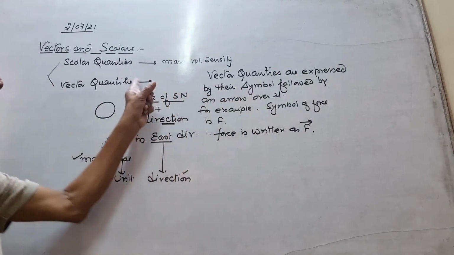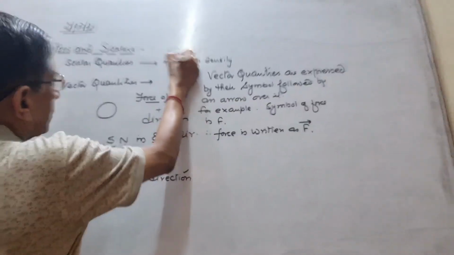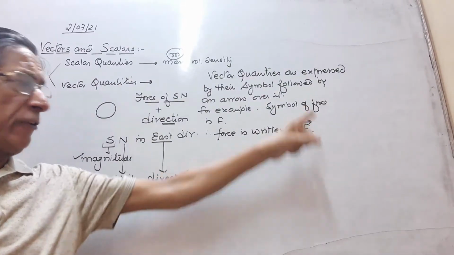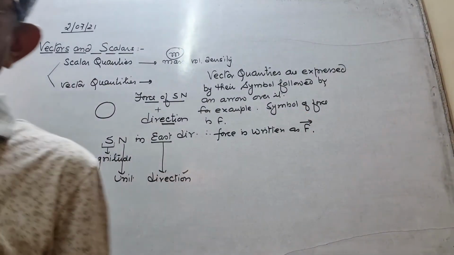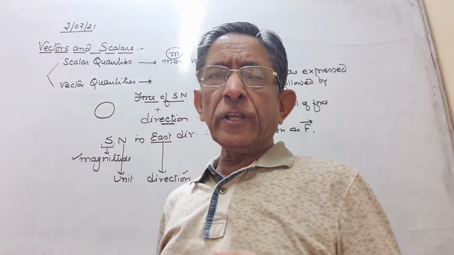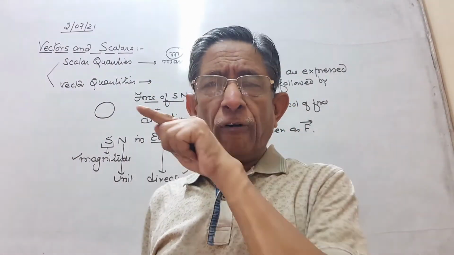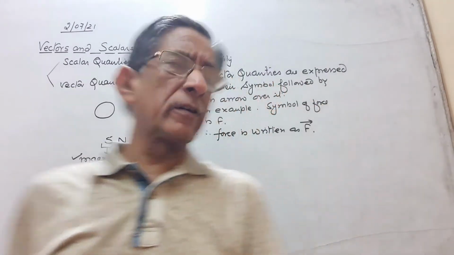For mass, we shall write simply M. But if I have to write force in vector form, then I shall put an arrow over its symbol.